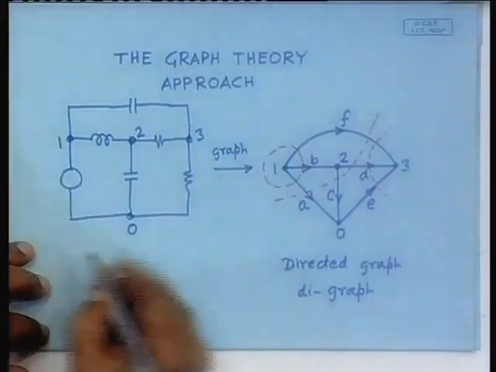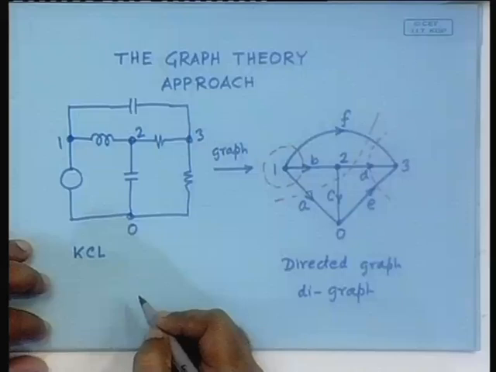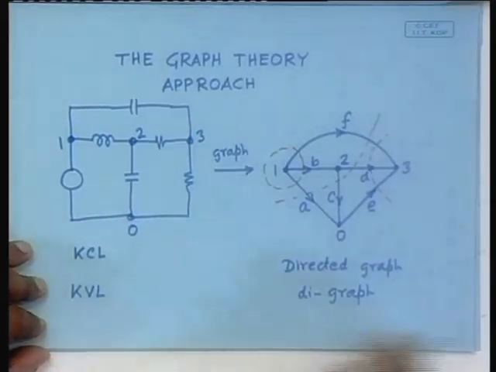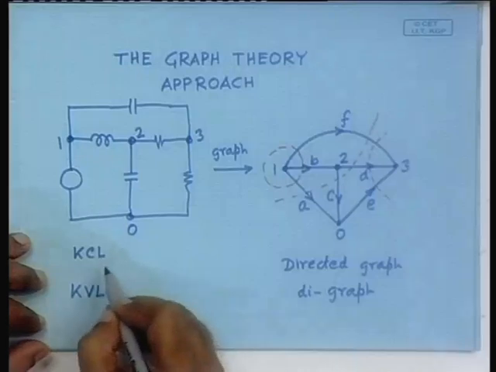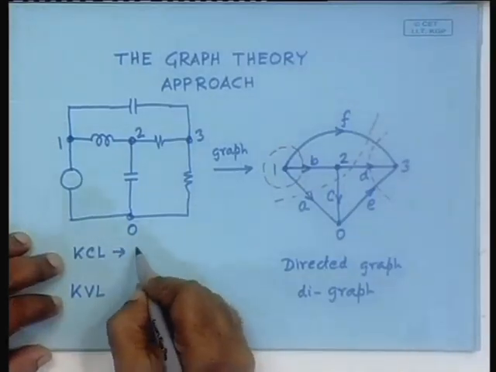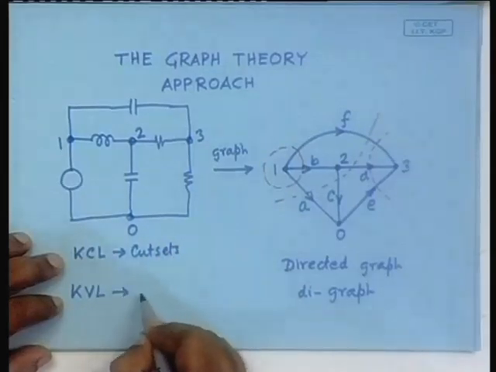So, the Kirchhoff's current law, KCL, and the KVL would state like this: the KCL is related to cut sets and KVL related to loops.